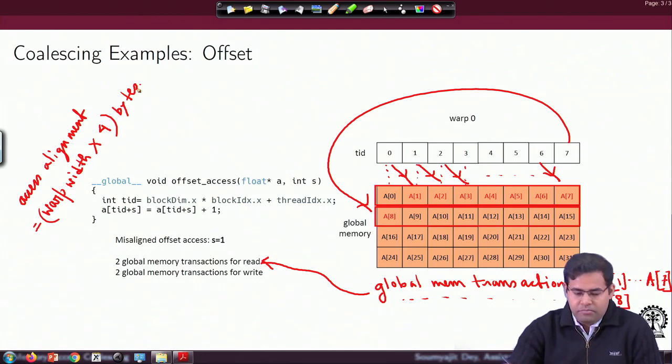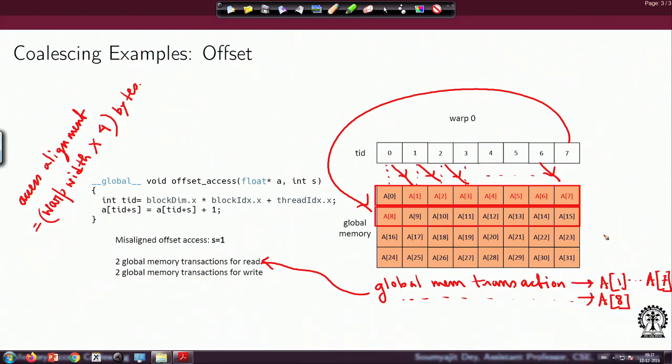As you can see in this picture, the memory organization is shown with respect to this access alignment.